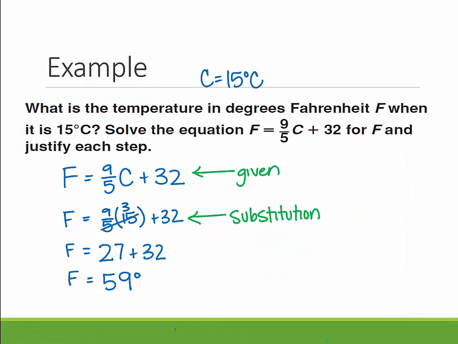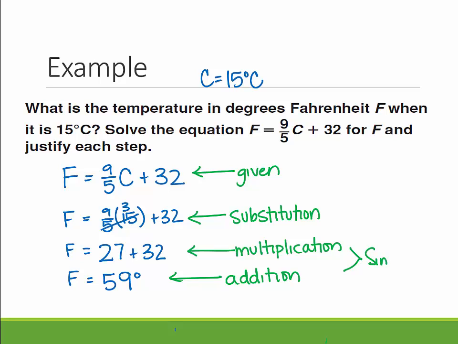And then what I did here was just some multiplication. And then here I just did some addition. We can also write these as simplification. So we could write that we just simplified.